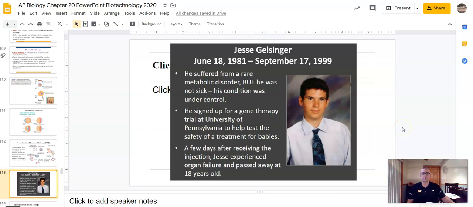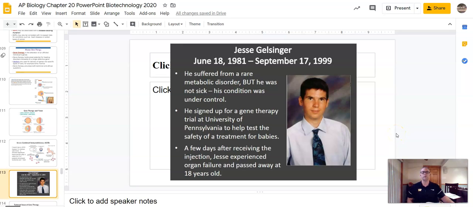He wasn't sick, but he did participate in a gene therapy trial carried out at the University of Pennsylvania, and they were trying to develop a test of the safety of this treatment that would eventually be used on babies. And unfortunately, his body went into a very aggressive response to this.